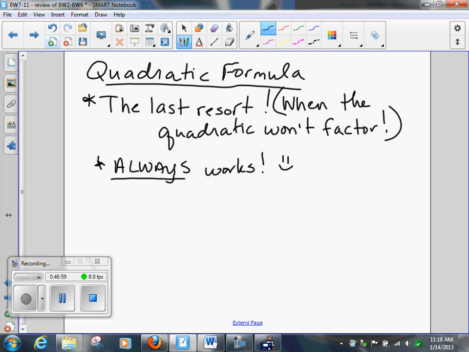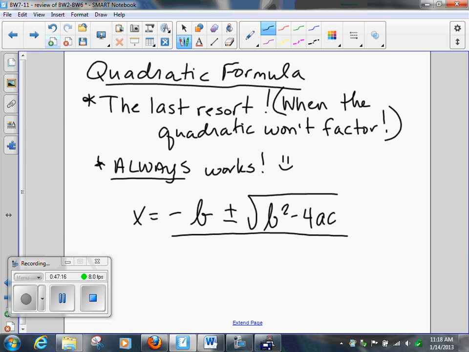Woo! Okay? It always works. Now, what is it? X is equal to negative b plus or minus square root of b squared minus 4ac, all of that over 2a. That's the quadratic formula.